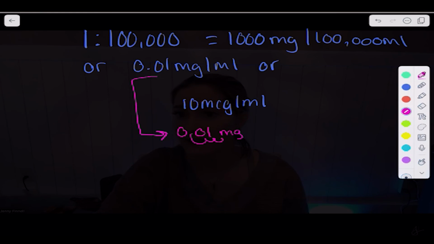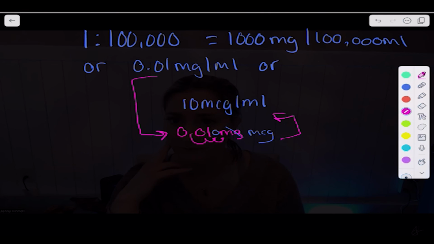In order to get the milligrams to mics, you simply take the decimal place and you move it over by 3 places. And 1 to 100,000 is essentially saying that you have 1,000 milligrams in 100,000 mLs, which if you divide that, you will get 0.01 milligrams per ml, which is equivalent to 10 mics per ml.